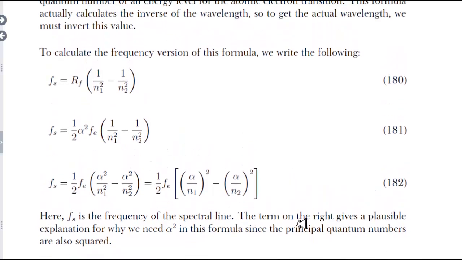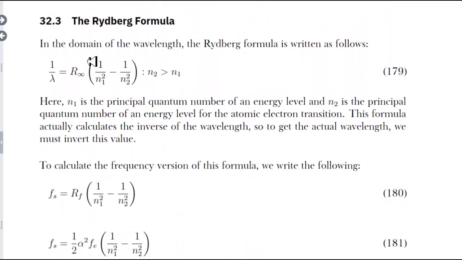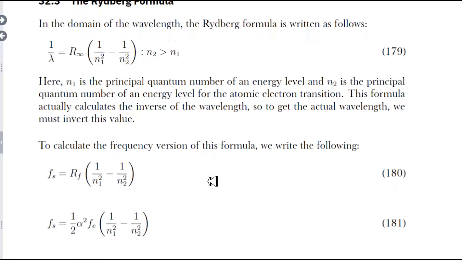The term on the right gives a plausible explanation for why we need alpha squared, which bothered me a little bit in the past. When you attach the alpha parameter to the principal quantum number, you can potentially see why alpha needs to be squared. So this is how you convert the Rydberg formula and the Rydberg constant from the domain of wavelength to the domain of frequency.